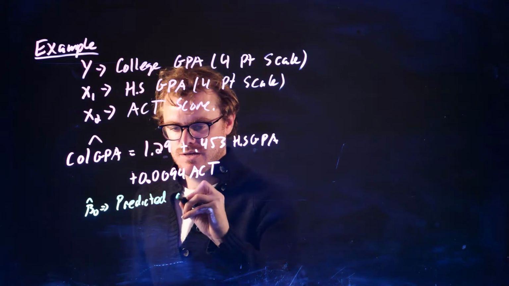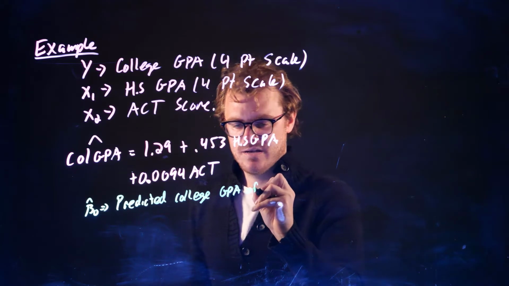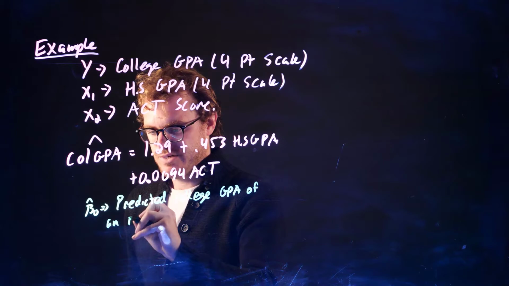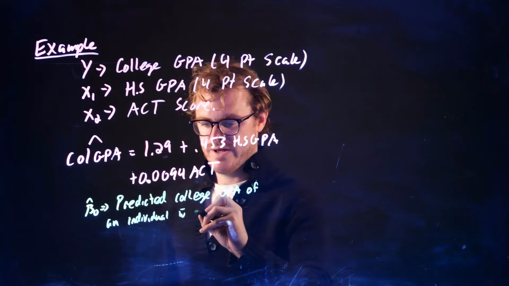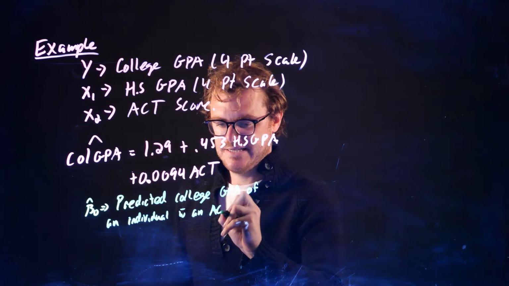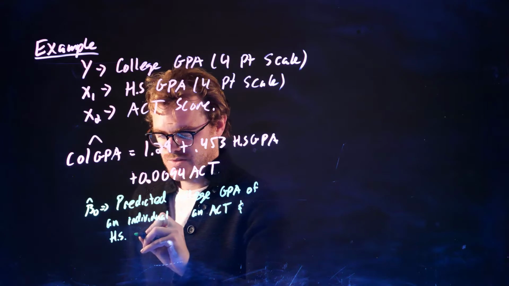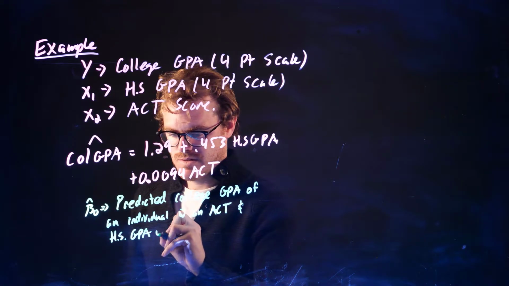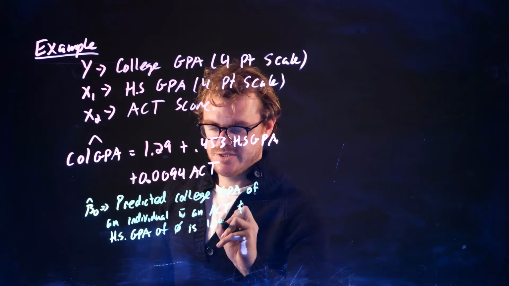The predicted college GPA of an individual with an ACT and high school GPA of 0 is 1.29.